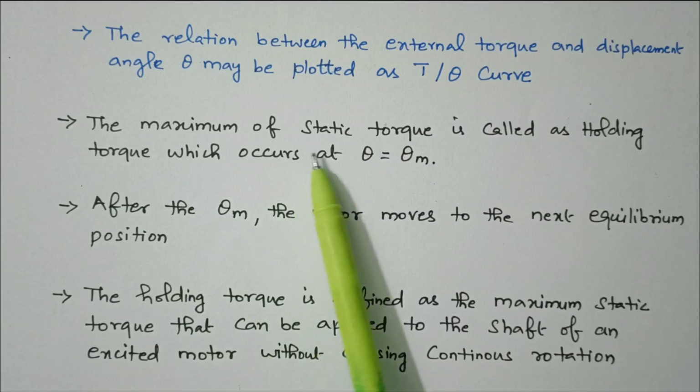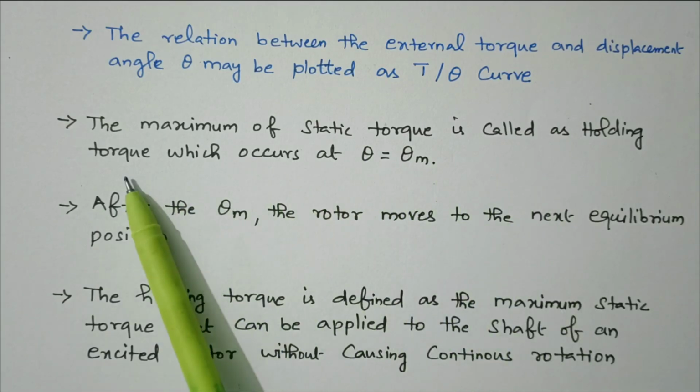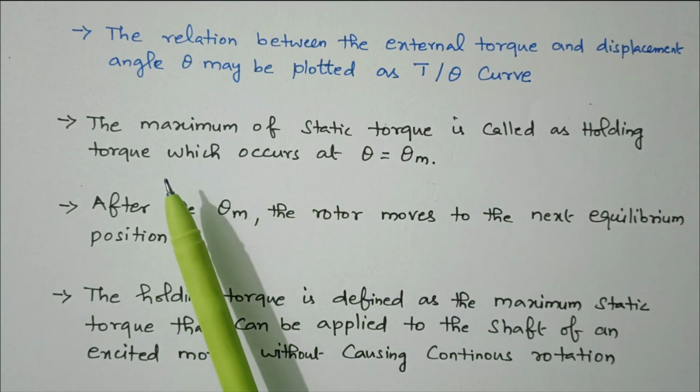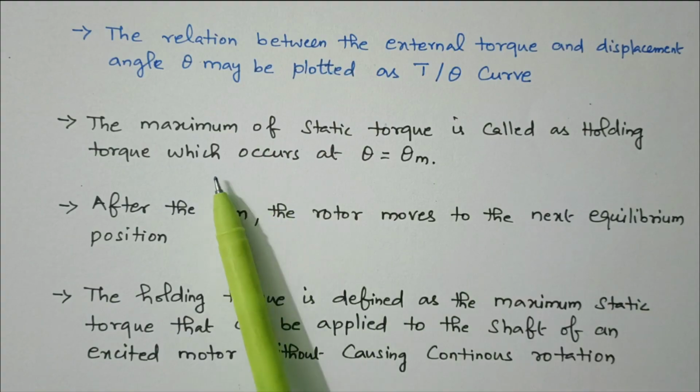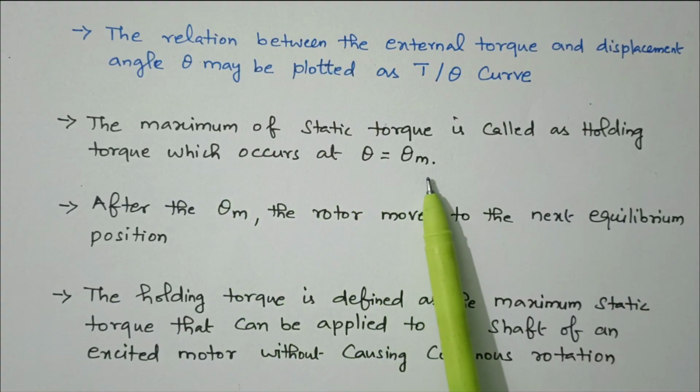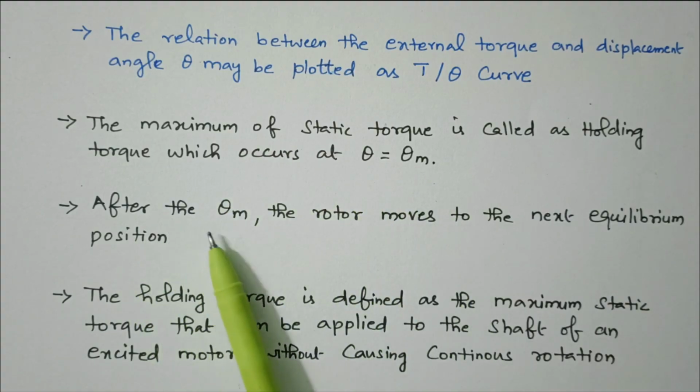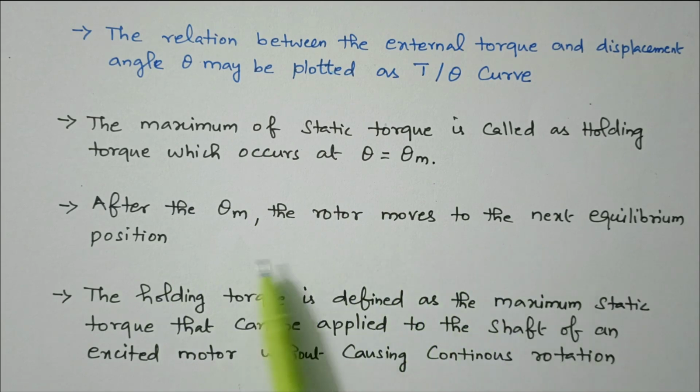The maximum of static torque is called a holding torque. We discussed in the diagram that the maximum point is called a holding torque, at which the angle is theta m. After theta m, the motor moves to the next equilibrium position. The holding torque is defined as the maximum static torque that can be applied to the shaft of an excited motor without causing continuous rotation.